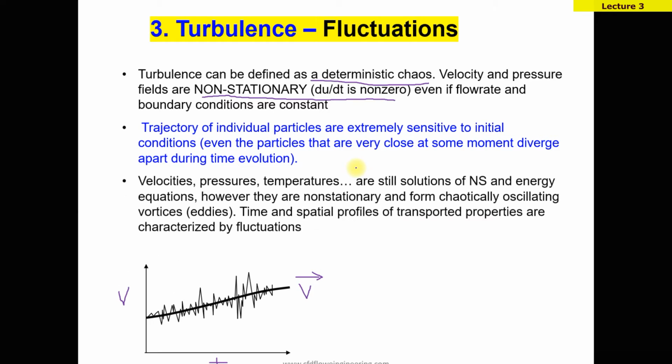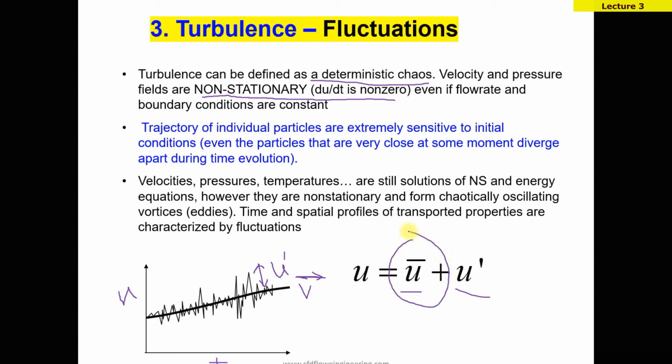In turbulent flow, velocity, scalar and vector quantities all vary with space and time. This V bar is the average flow, and this is the fluctuating component. When there is a fluctuation above and below, it is called a fluctuating quantity. That means the instantaneous quantity is equal to the average quantity plus the fluctuating quantity.